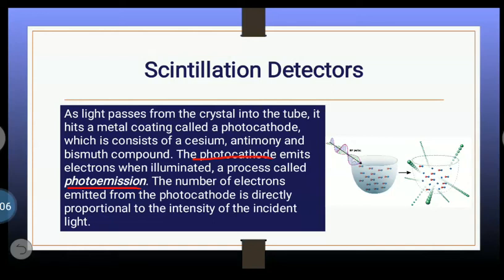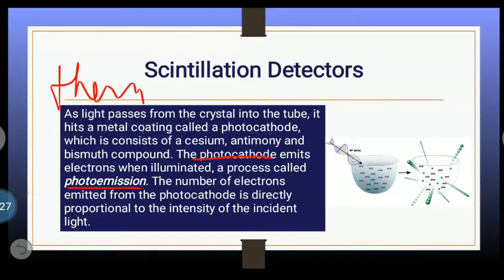It seems a bit complicated, if you notice. Radiation interacts with a scintillator, so the radiation becomes visible light, and then from light it is converted into electrons. If we review, we have the term thermionic emission.